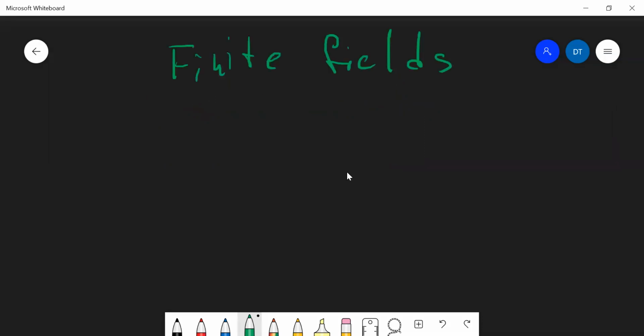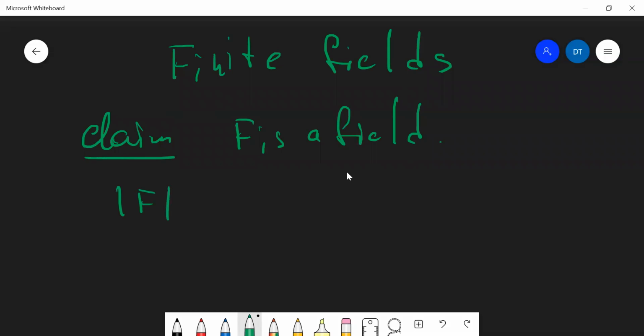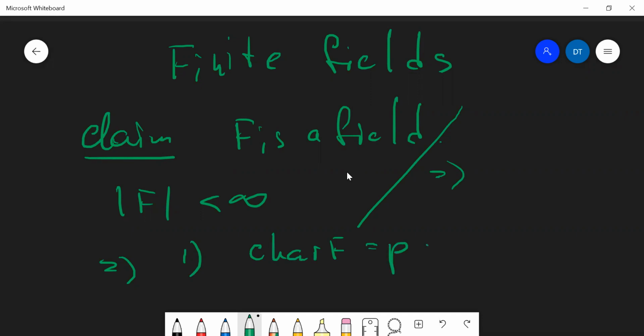Claim number one, it's more of a remark than a claim. Suppose F is a field and F is finite. Then the characteristic of F is not zero, and it's automatically prime.